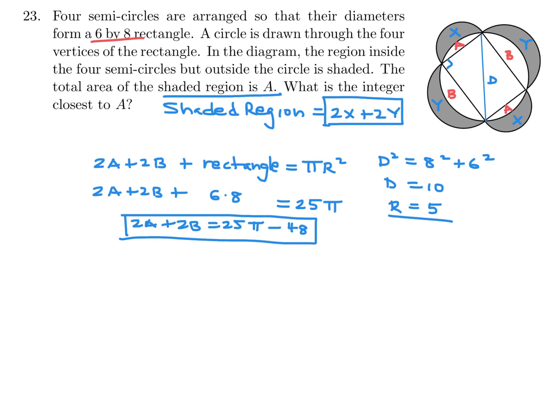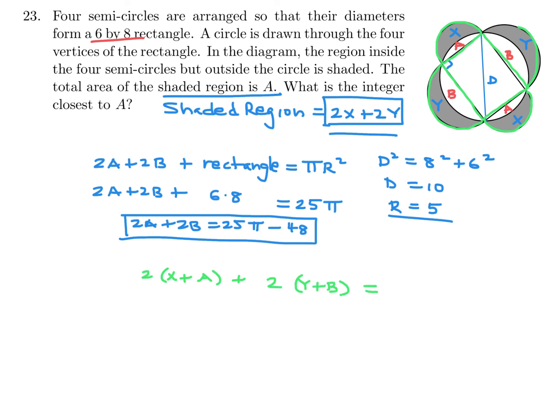Okay, so now what do we need to do? We need to incorporate the x's and y's, these guys. If you look at this semicircle and this semicircle, in terms of our lettering, it's x plus a, but there's 2 of them, so times 2. And very similarly, that semicircle and that semicircle, in terms of our lettering, is y plus b, but there's 2 of them, so times 2.